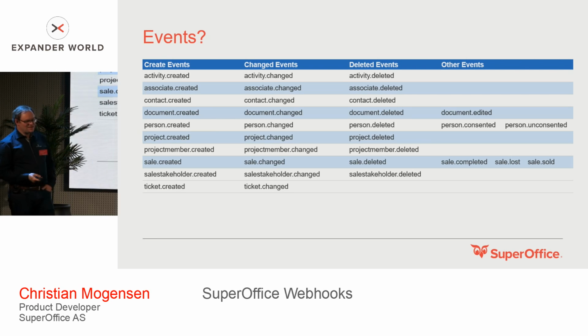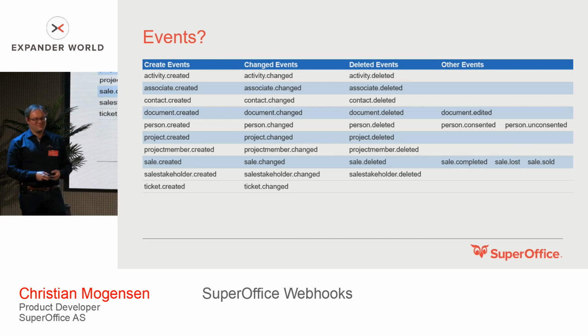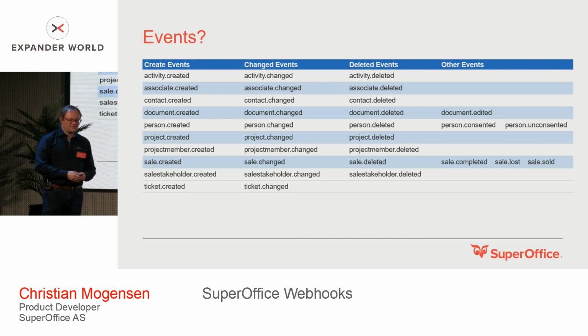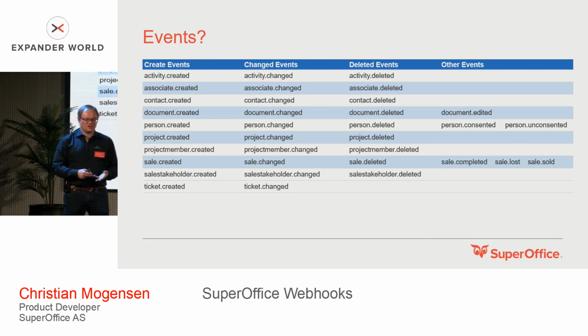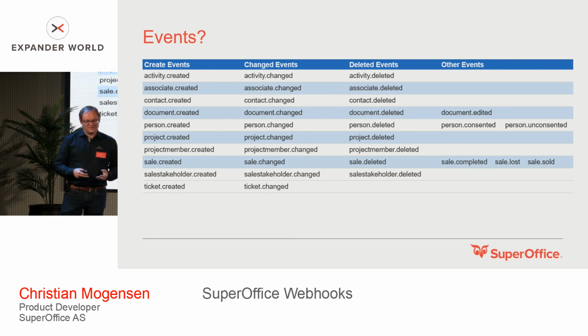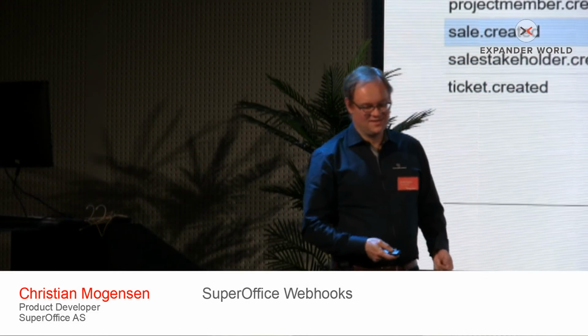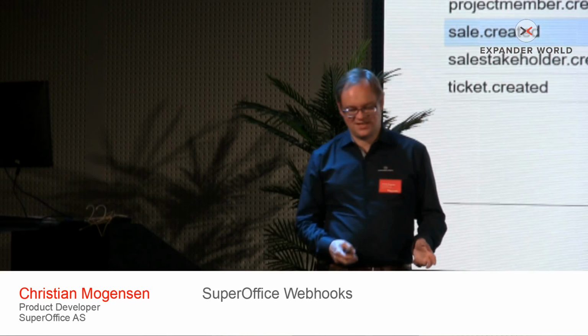So most of the major things in SuperOffice have a set of events, essentially. Activity covers appointments and documents, so it fires on both of those: activity created, changed, and deleted. We have similar things for associate users. Contacts. Document gets the normal ones, document created, changed, and deleted.